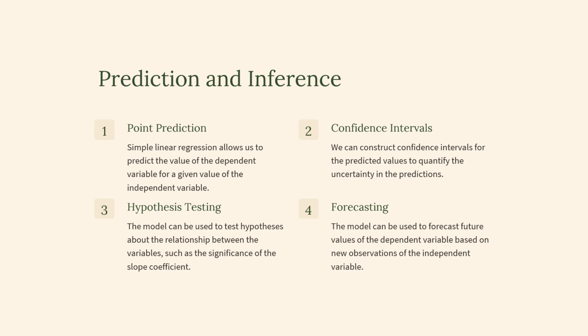Number three, hypothesis testing. The model can be used to test hypotheses about the relationship between the variables, such as the significance of the slope coefficient. Number four, forecasting. The model can be used to forecast future values of the dependent variable based on new observations of the independent variable.